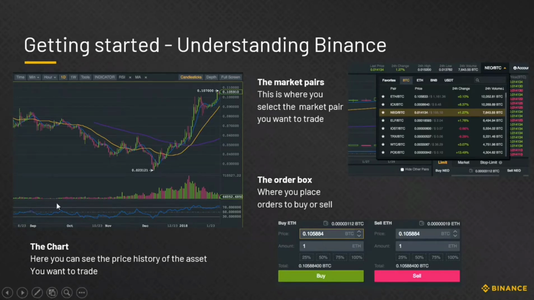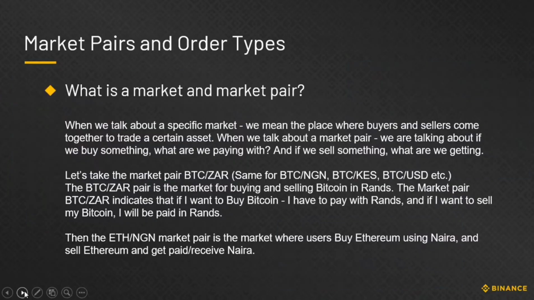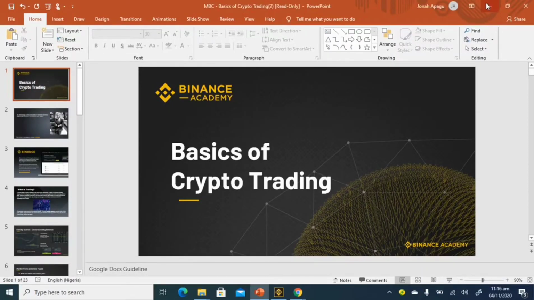Then the market pairs, we'll talk about that, and also the order book. We'll be doing that a bit later. Now, what are market pairs and other types? I think before then, let's go to Binance.